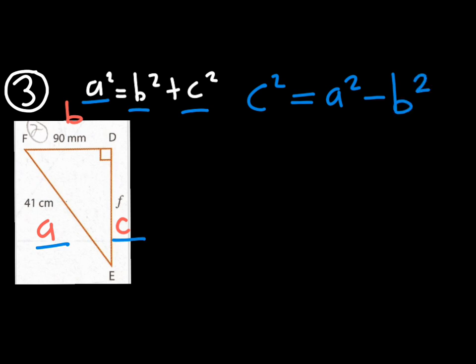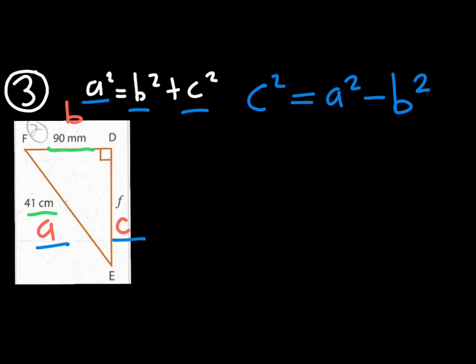Now, before we continue, we need to notice that this side, b, is given in millimeters, and c, or rather a, is given in centimeters. So, once again, we need to convert. We need to make sure that we are working with the same units. So, for this example, we are going to use centimeters.